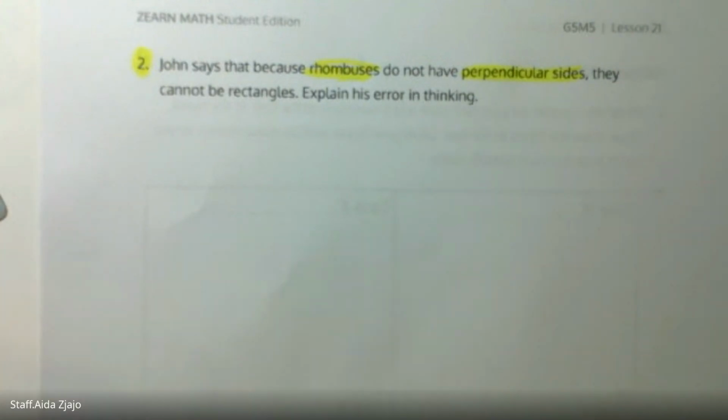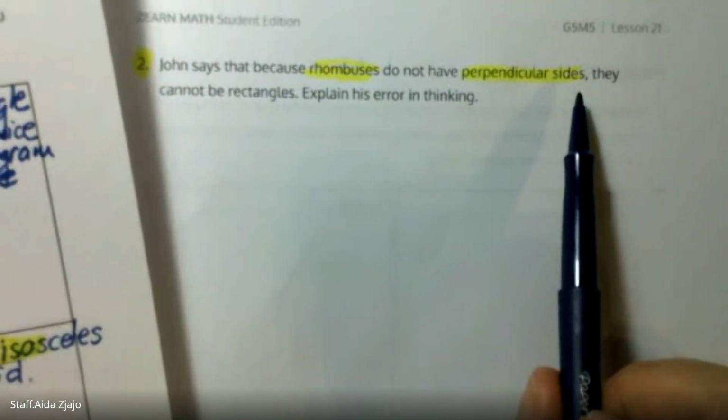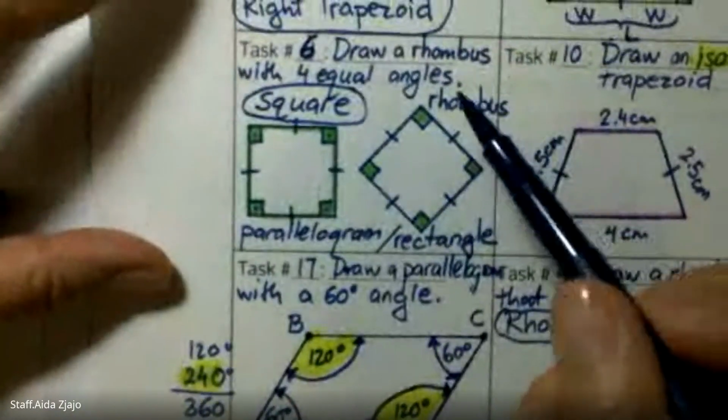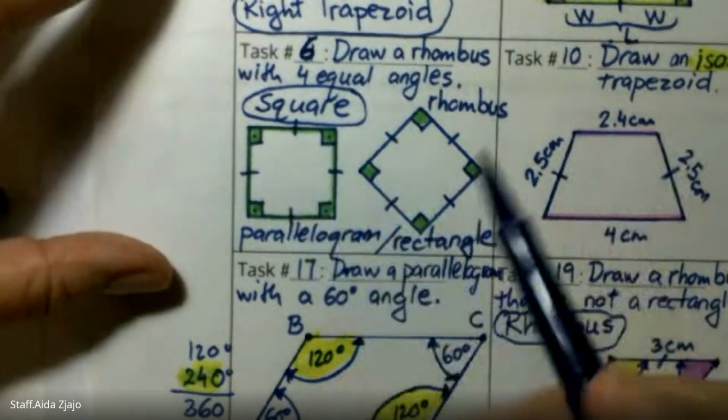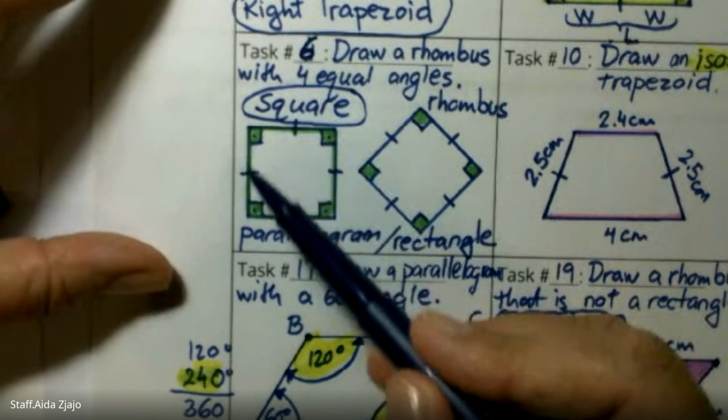So if you look at this, they say rhombuses do not have perpendicular sides. That's not true because one of the rhombuses is a square, and a square has perpendicular sides.